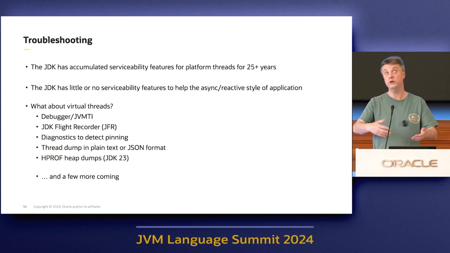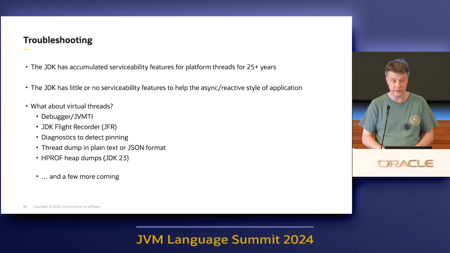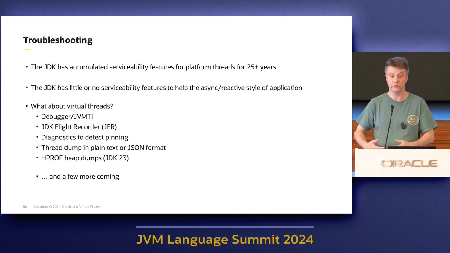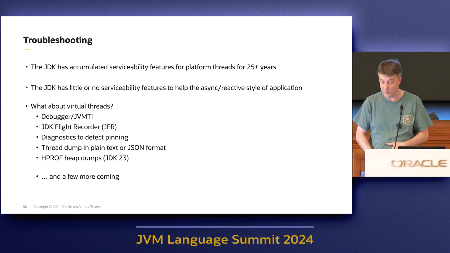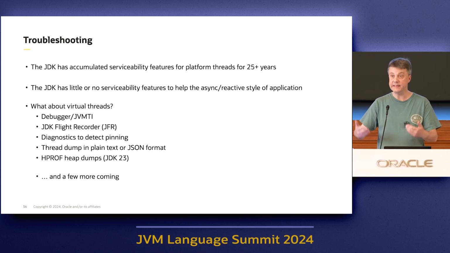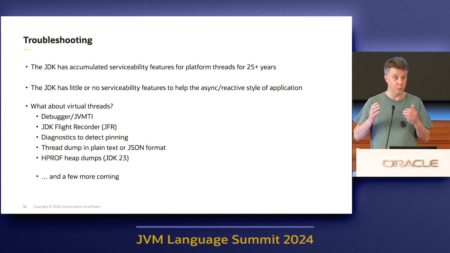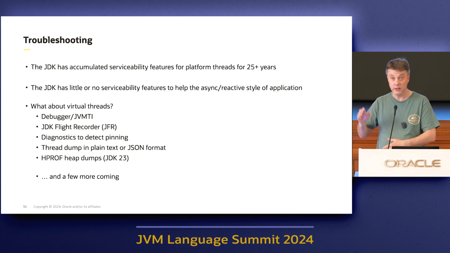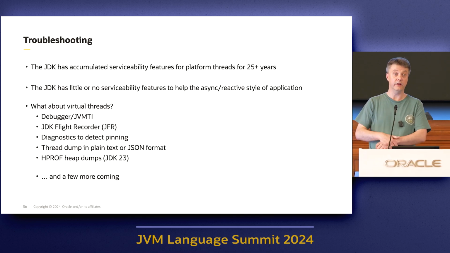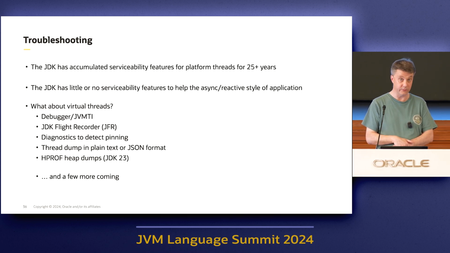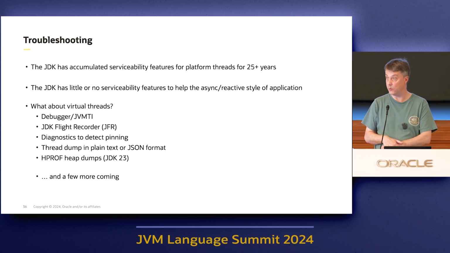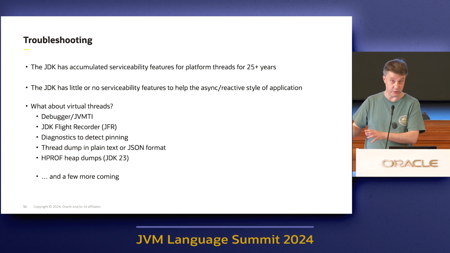JVM TI is this huge surface area of 150 plus functions and a zillion callbacks, and getting all of this to work with virtual threads was a huge amount of work. So IDEs and debuggers just work with virtual threads, which is really good. The JFR folks did a really nice job getting JFR events to be recorded with virtual threads.